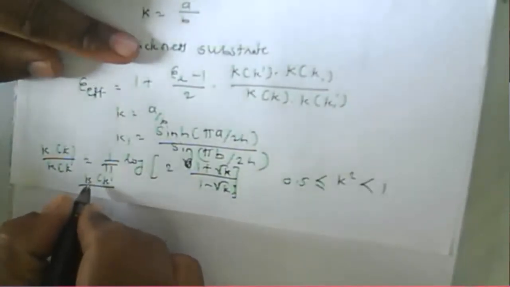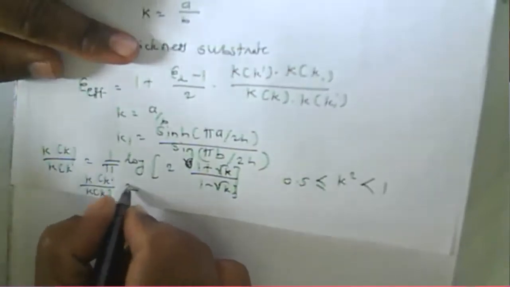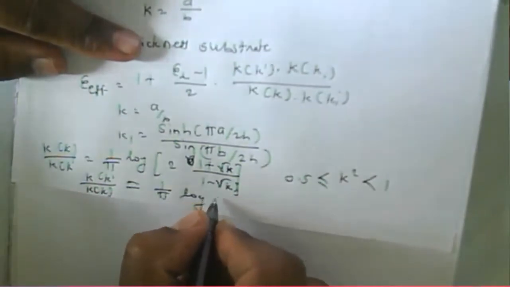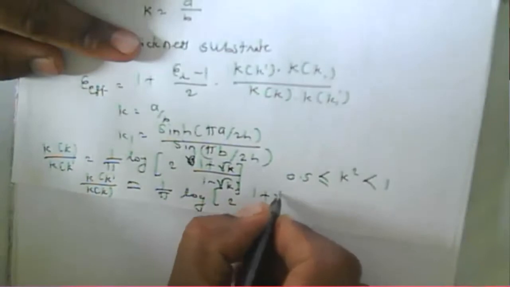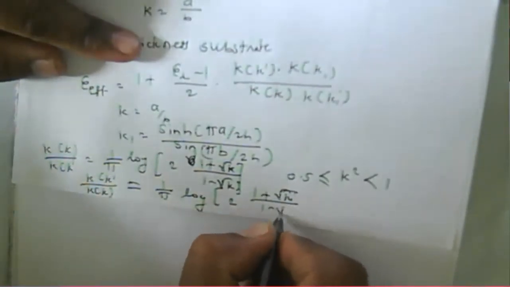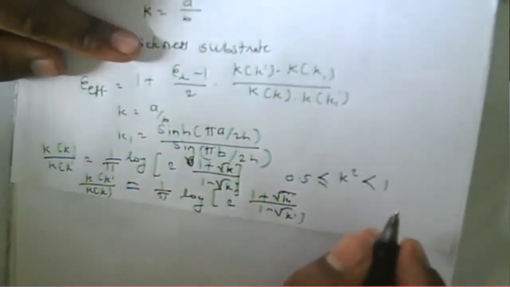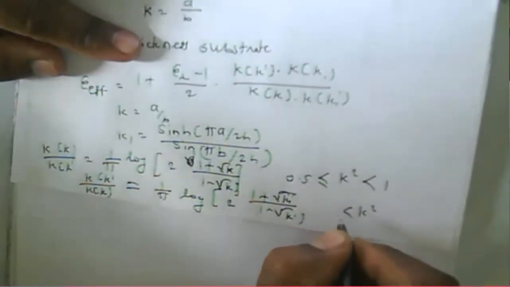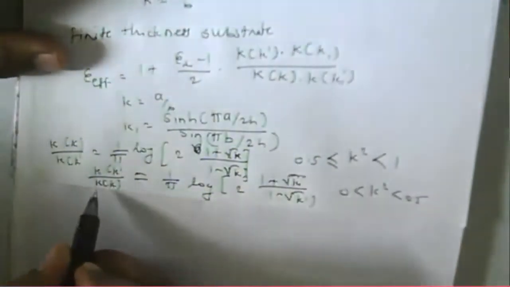In that case, k square belongs to 0.5 to 1, and the ratio of K of k dash by K of k is equal to 1 by pi log of 2 times (1 plus root k dash) by (1 minus root k dash).